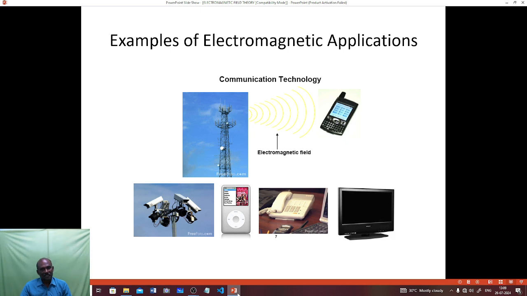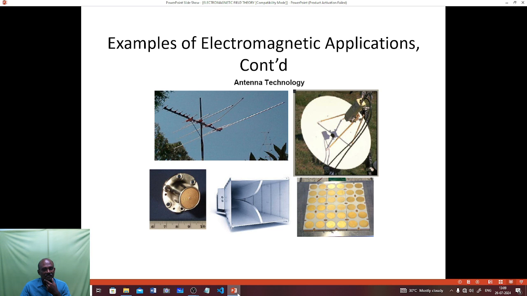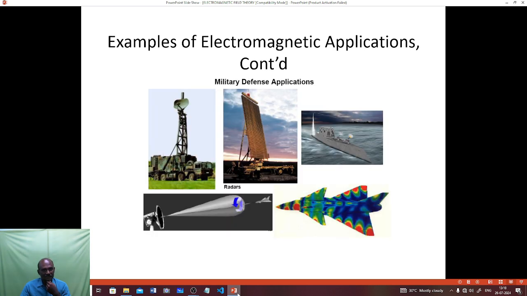Examples of some electromagnetic applications: from normal small mobiles to satellite communications, all involve the application of electromagnetic fields. All communication involving satellites, various computers, receivers, antenna propagation materials, solar energy production, ship applications, rocket launching.